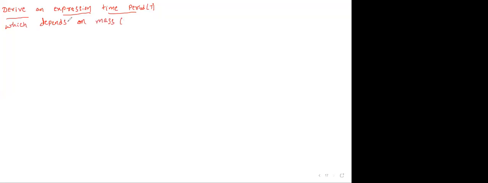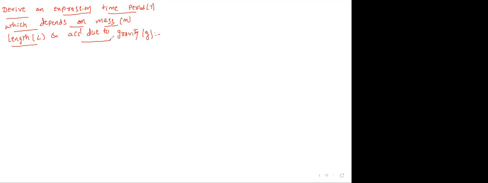mass M, length L, and acceleration due to gravity G. So you have to derive an expression for time period of the simple pendulum, students.